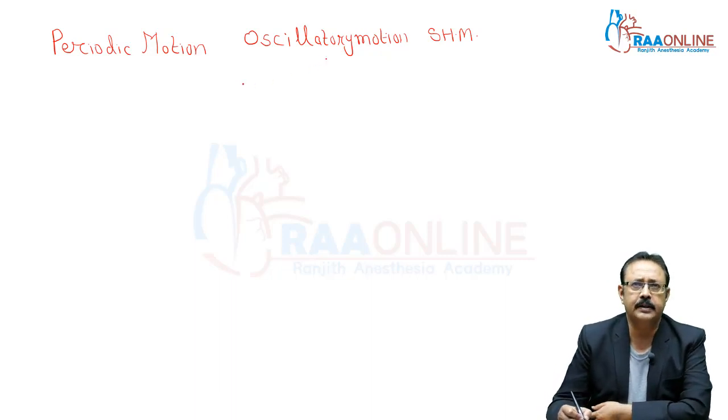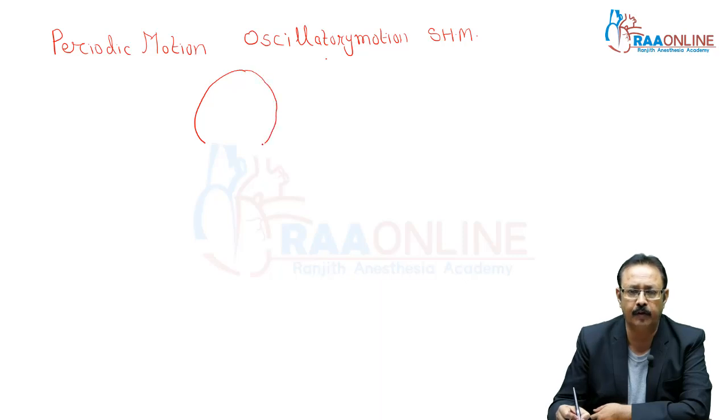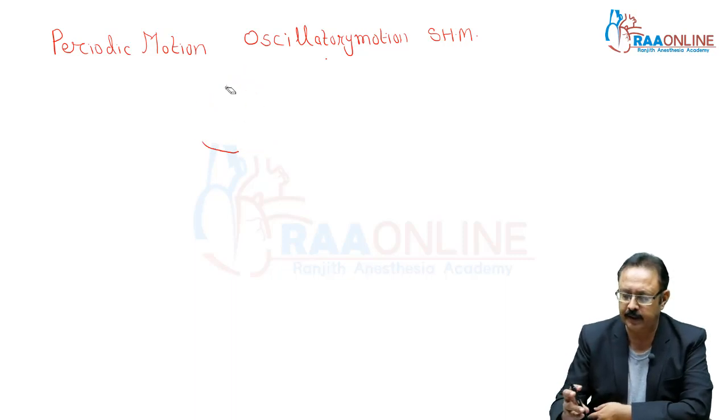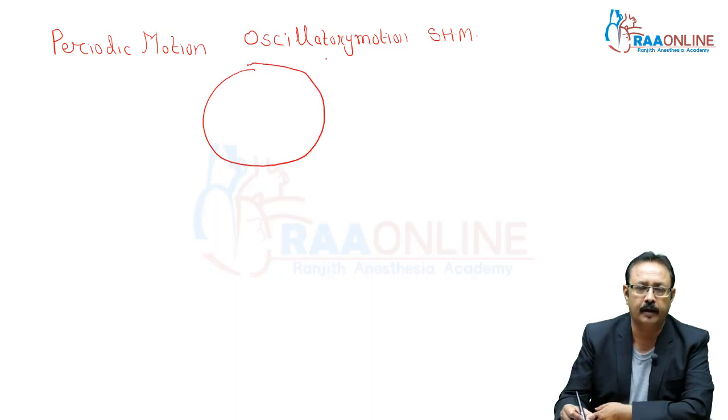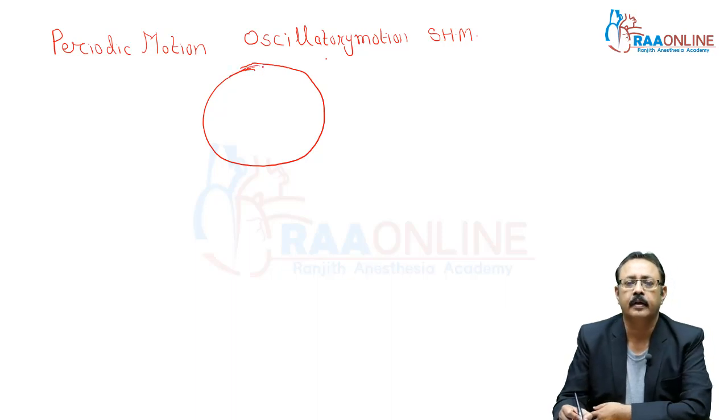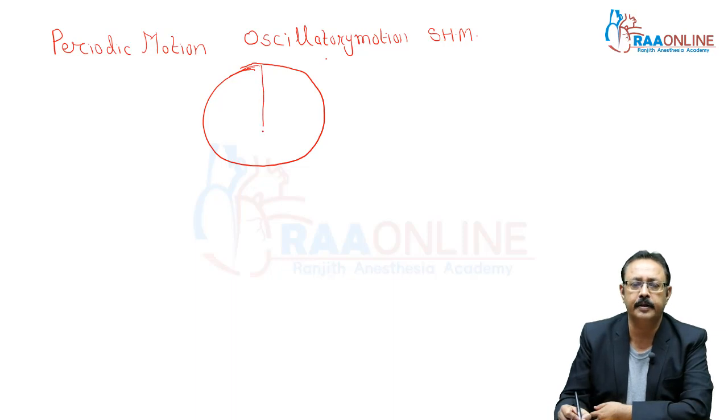So first we will discuss simple harmonic motion, and in that, what is the equation of displacement? See, suppose I am considering one circle. It is a circle, and its diameter is along the y-axis.